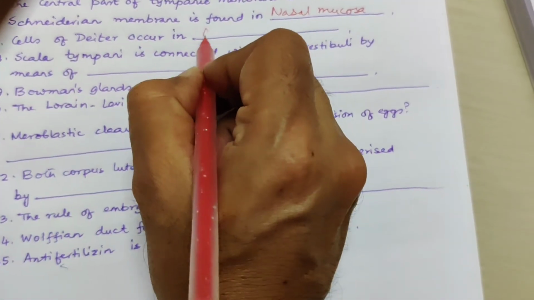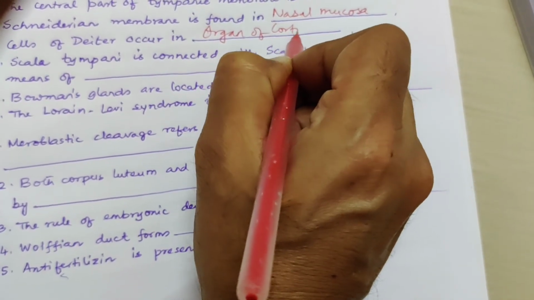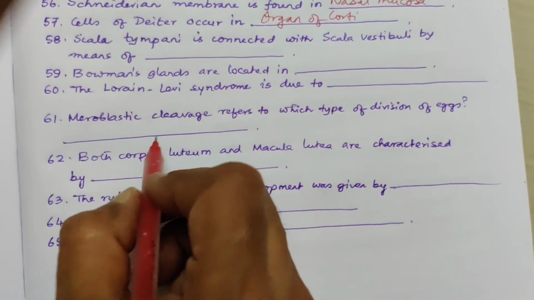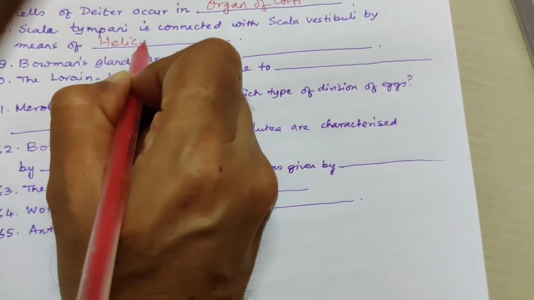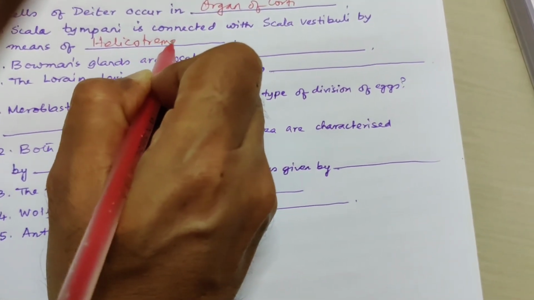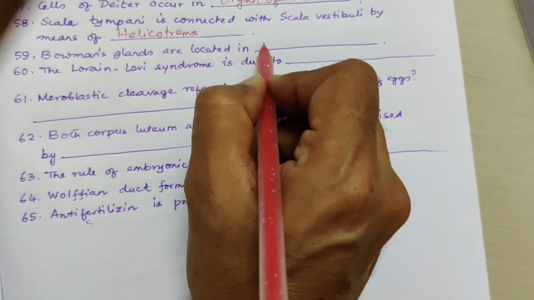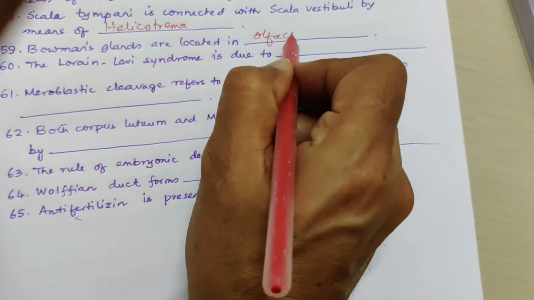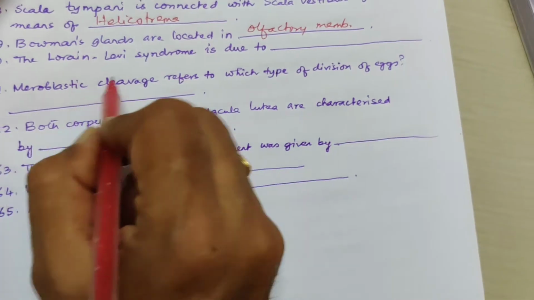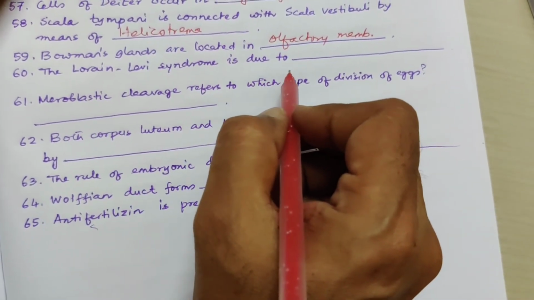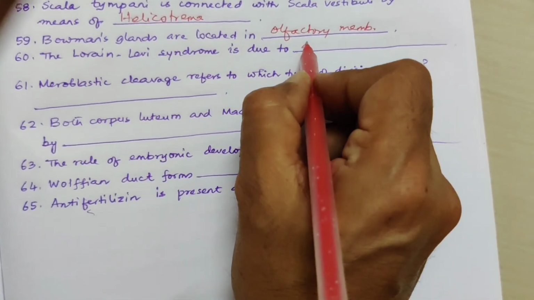Cells of Deiters occur in organ of Corti. This is helicotrema. This is olfactory membrane. Laron syndrome is due to deficiency of growth hormone.